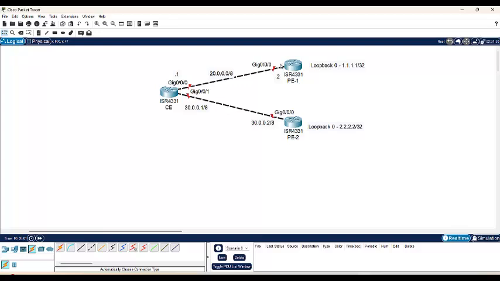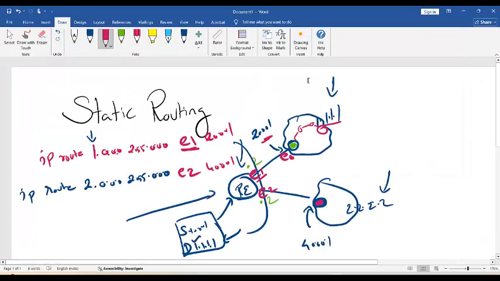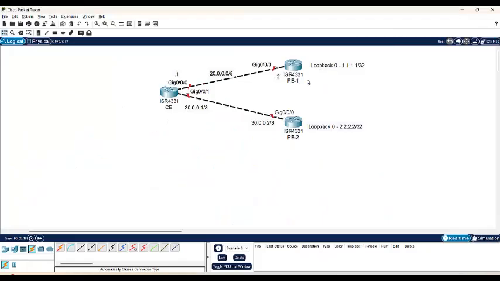Now, why am I having a loopback interface on this router? Because I want another network. In our scenario, in our discussion, we want a loopback. We want 1.1.1.1 on the provider side. That 1.1.1.1 network, I want behind PE1. If you want a network behind PE1, you can have a physical network there, but you can also have a virtual network because it is behind PE1.